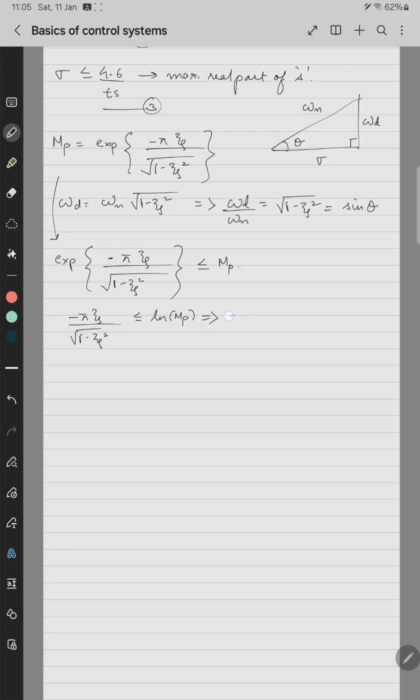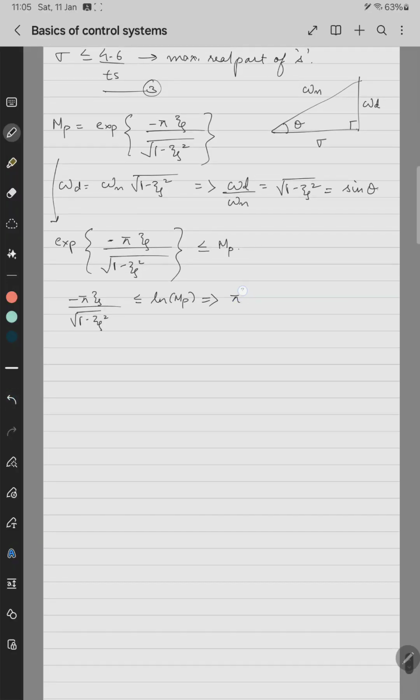So then it becomes minus pi, or if we square it, it will be pi square zeta square by 1 minus zeta square less than or equal to ln of Mp whole square.